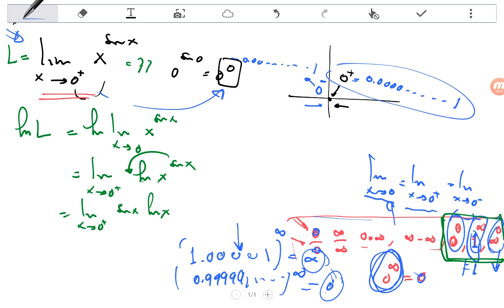Now it's my goal to find the value of this limit using L'Hopital. Would I need to check if it is an indeterminate quantity? No. If it started with an indeterminate quantity, any procedure you make wouldn't change it. It may change from one form to another form. For example, this will change to this form, 0 times infinity. So any mathematical operation you make on an indeterminate quantity will become another form of the indeterminate quantity.